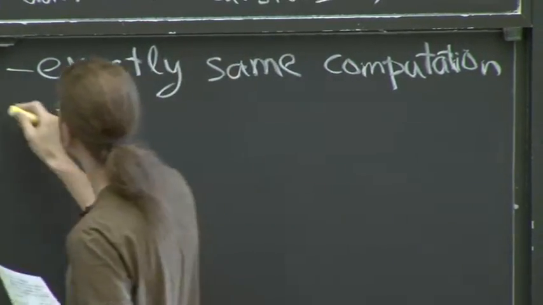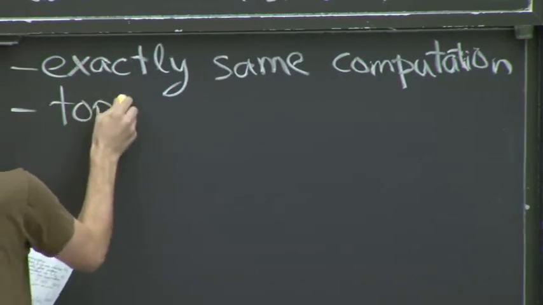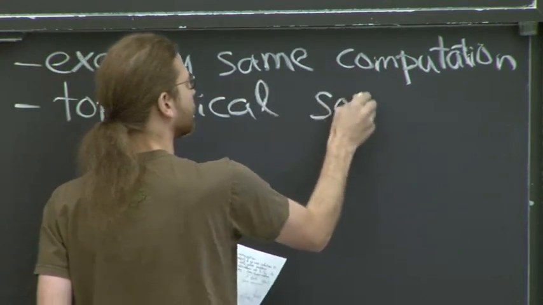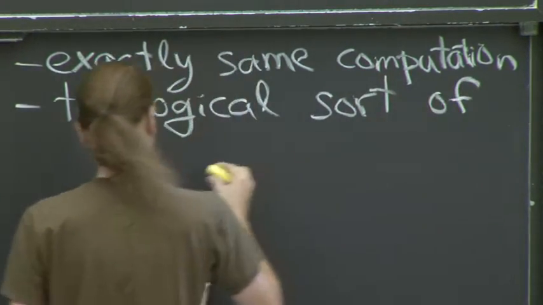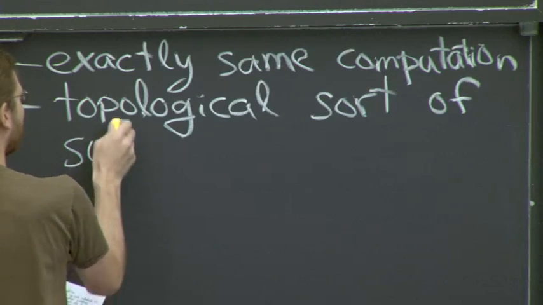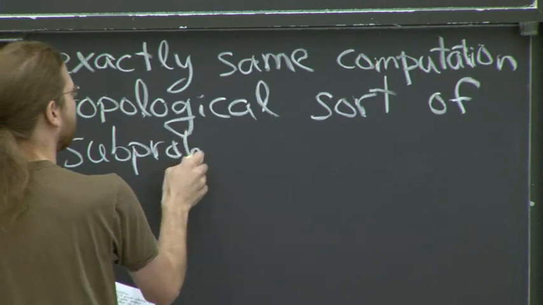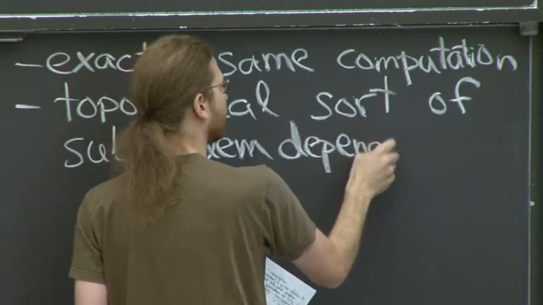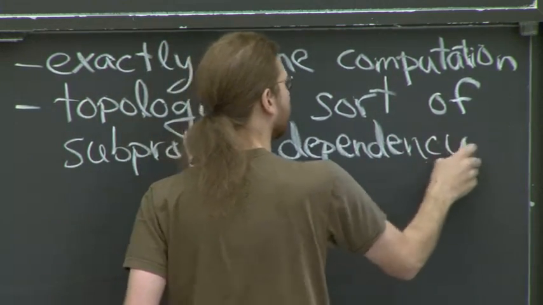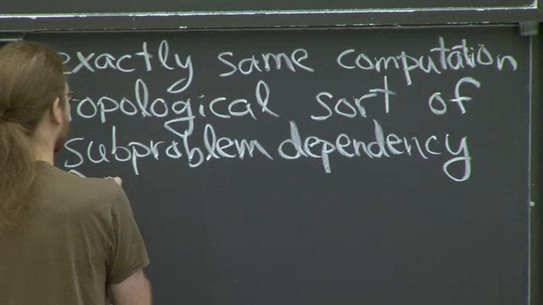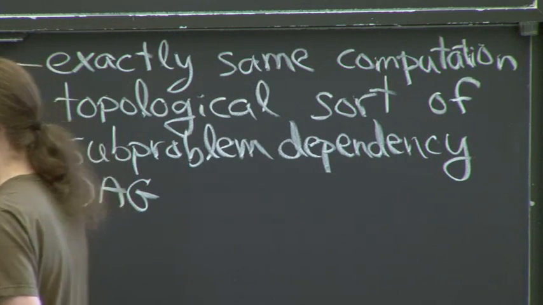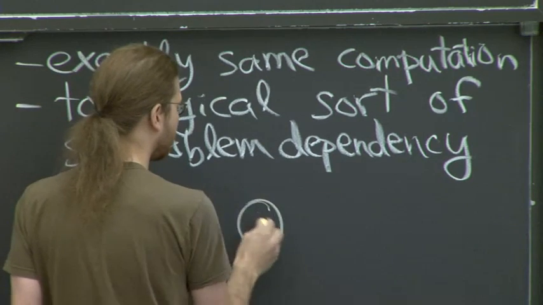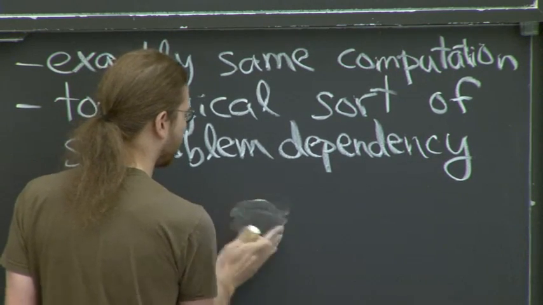And what we're doing is actually a topological sort of the subproblem dependency DAG. So in this case, the dependency DAG is very simple. In order to compute, I'll do it backwards.